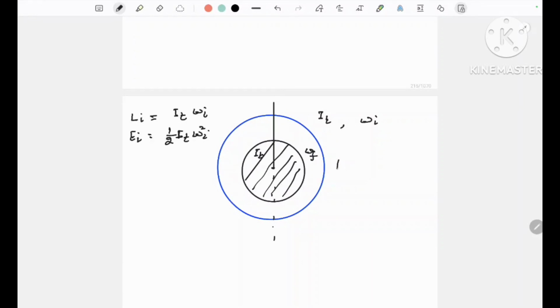So the combined resultant moment of inertia will be I_B plus I_T, and final angular momentum will be I_B plus I_T into omega f.